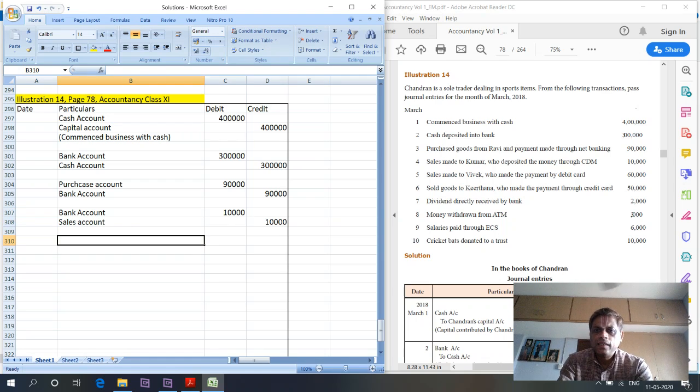Next entry is on 5th March. Sales made to Vivek, who made the payment by debit card. Again, payment by debit card is money coming into our bank account directly. So again, debit bank account and credit sales account for 60,000 rupees.